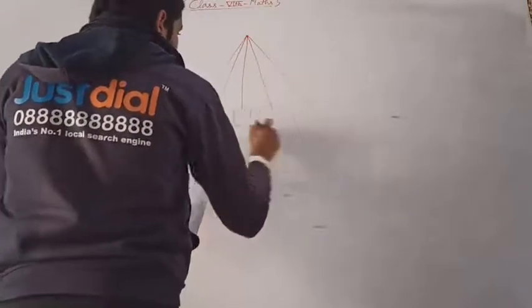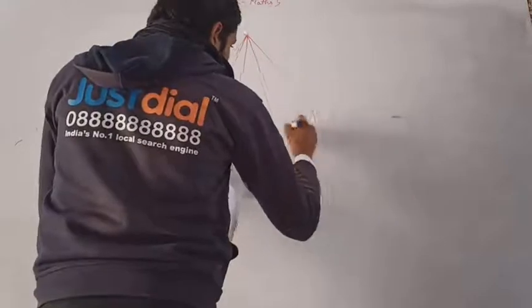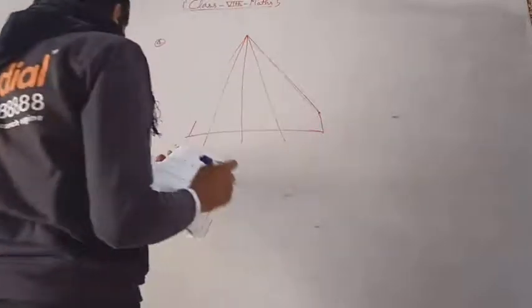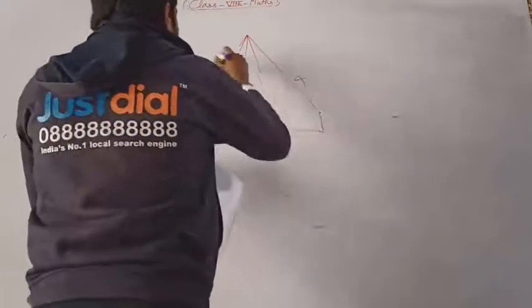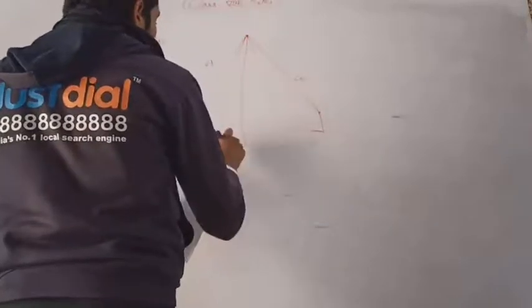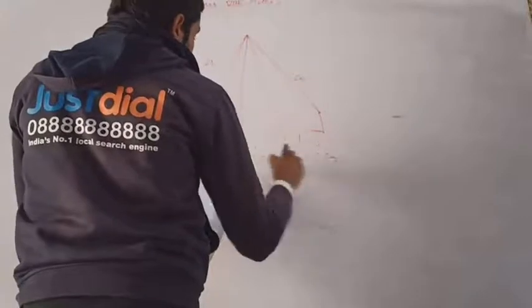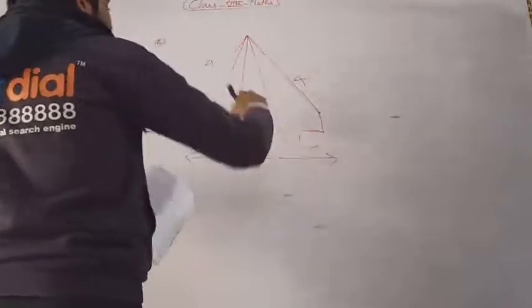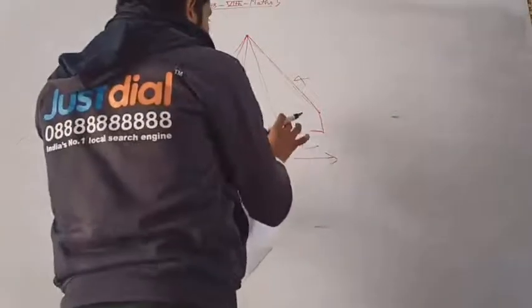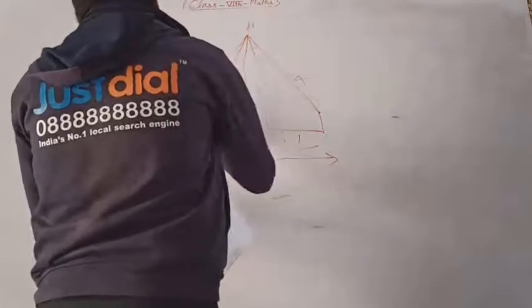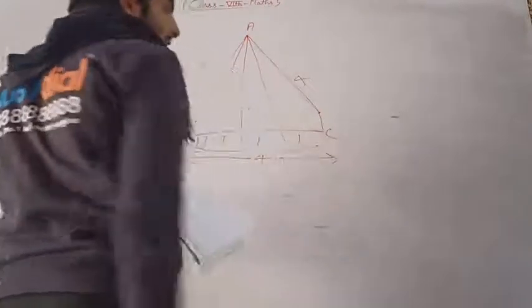In this figure you can see 4, 4 and also 1, 1, 1, 1. That means this is also 4 centimeters. Okay, so all the sides are the same in this triangle, so this triangle ABC is said to be an equilateral triangle.